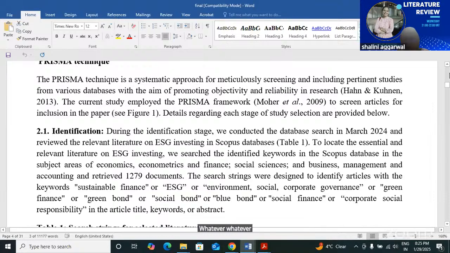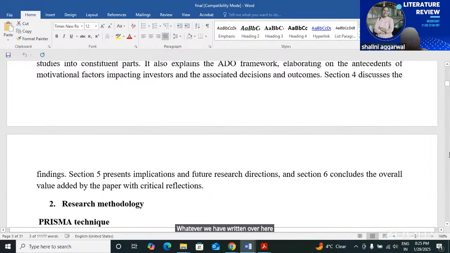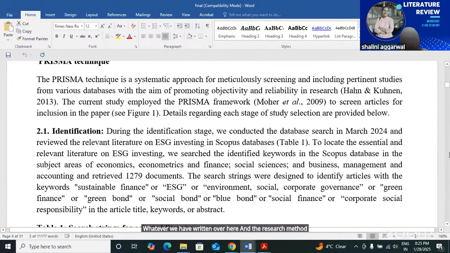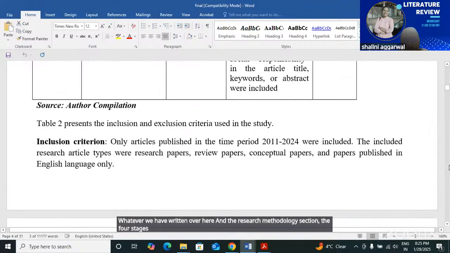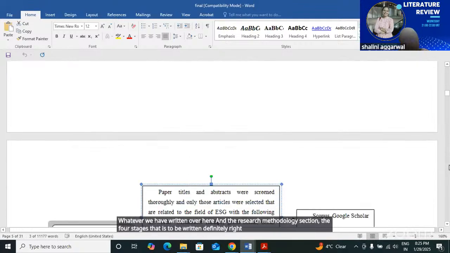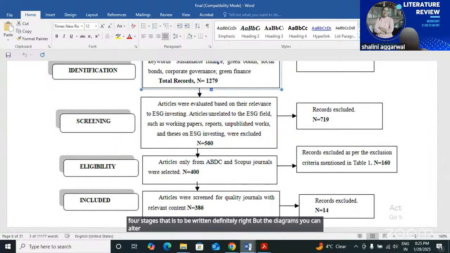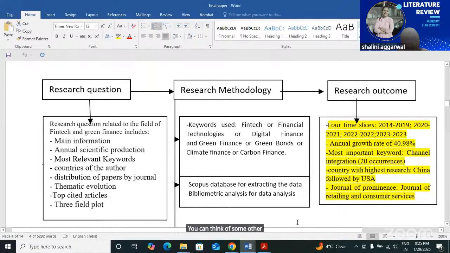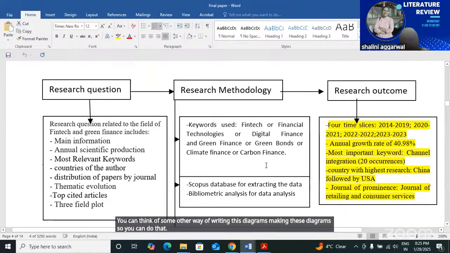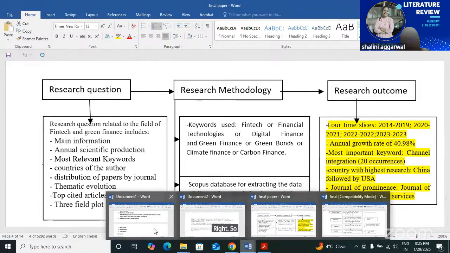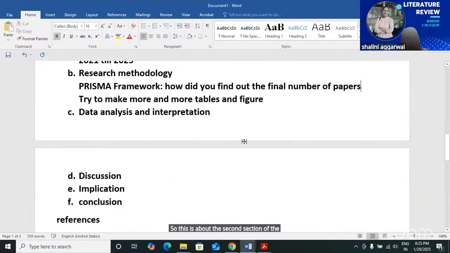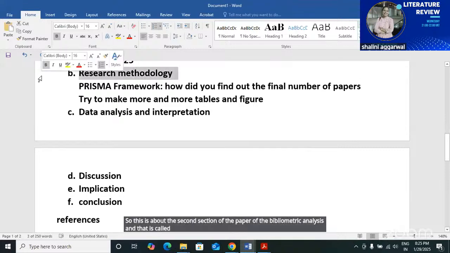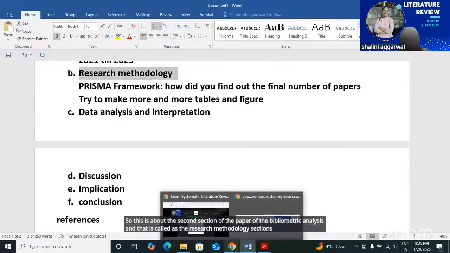Whatever we have written over here in the research methodology section, the 4 stages, that is to be written definitely, right? But the diagrams you can alter according to yourself. You can think of some other way of making these diagrams. So this is about the second section of the bibliometric analysis paper, that is called the research methodology section.